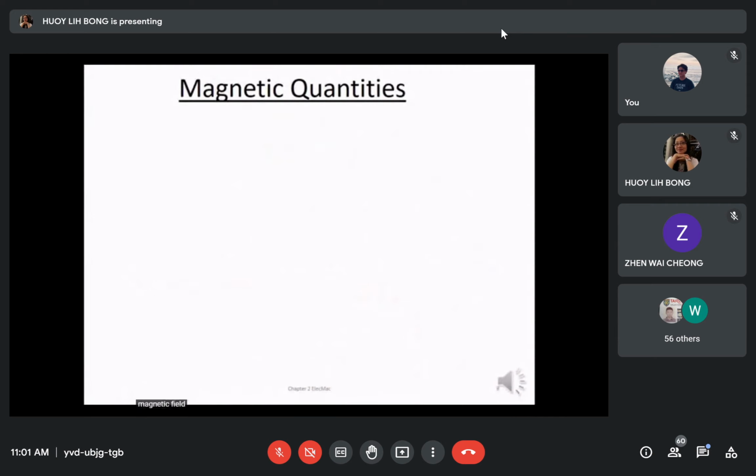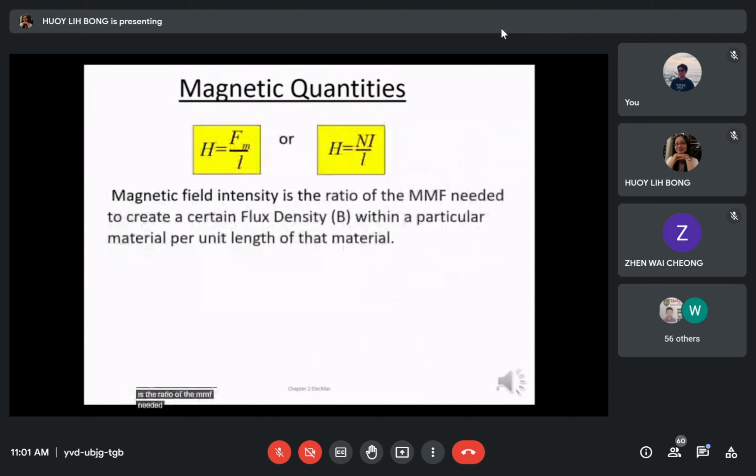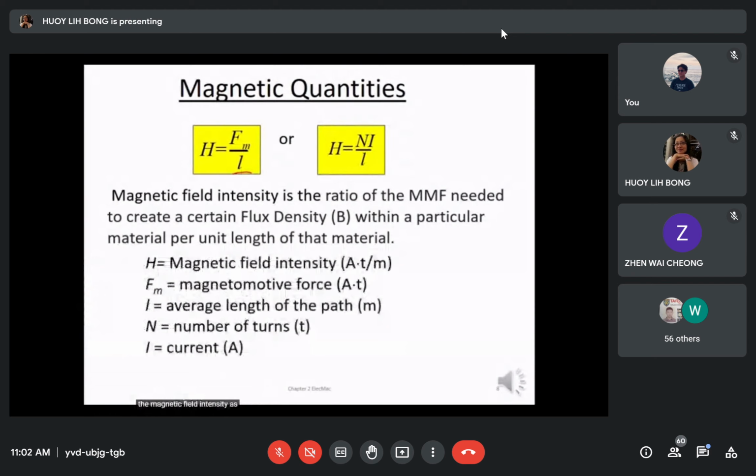Magnetic field intensity is the ratio of the MMF needed to create a certain flux density within a particular material per unit length of that material. The magnetic field intensity, as shown in the equation, we can write the SI unit as ampere turns per meter.